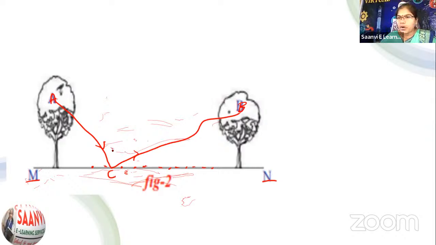Incident and reflection. Okay. And the next, again, it should go from A to, for example, here. If you think this is D, here it is the incident angle, and again it should go near B. This is the reflection.